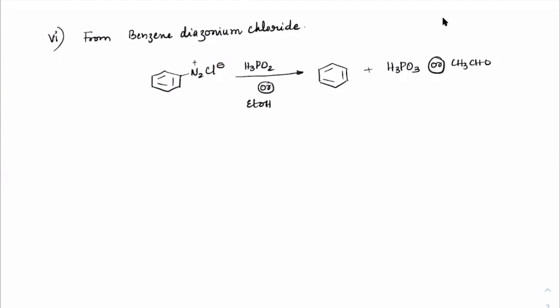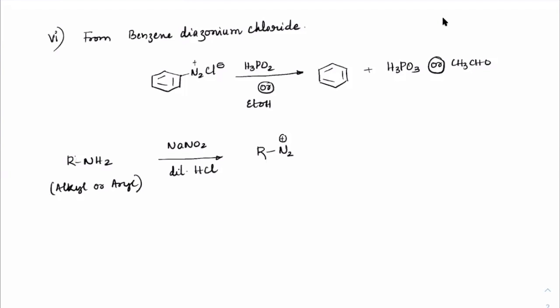Now see, generally when you have RNH2, now this could be alkyl or aryl, which means it will be with benzene ring or without benzene ring, as long as you have a primary amine, you treat this with NaNO2 in the presence of dilute HCl. When you take NaNO2, sodium nitrite, and add it to dilute HCl, it will convert into RN2+ and Cl minus.